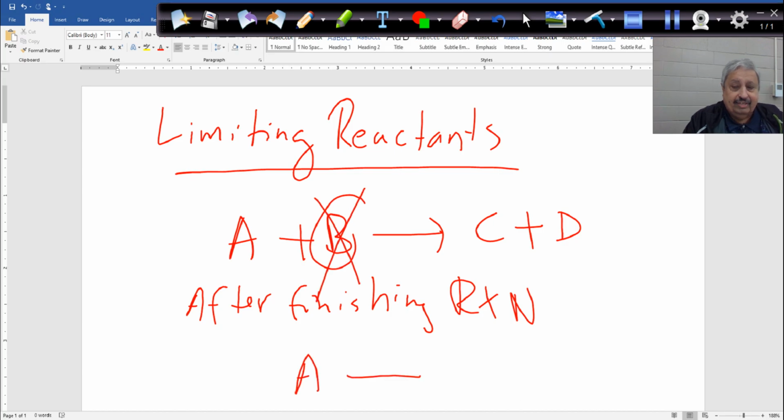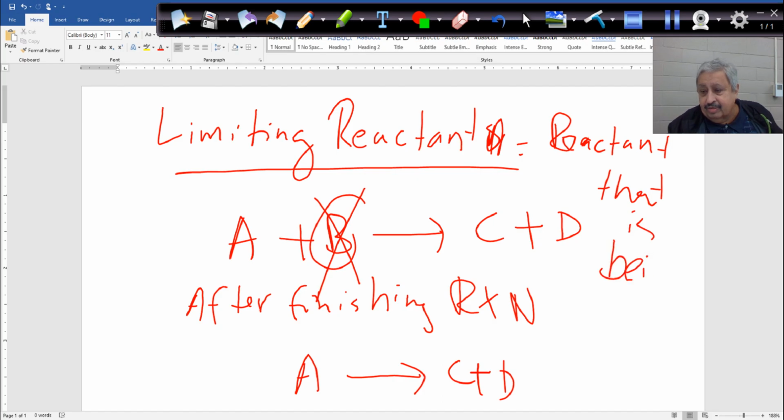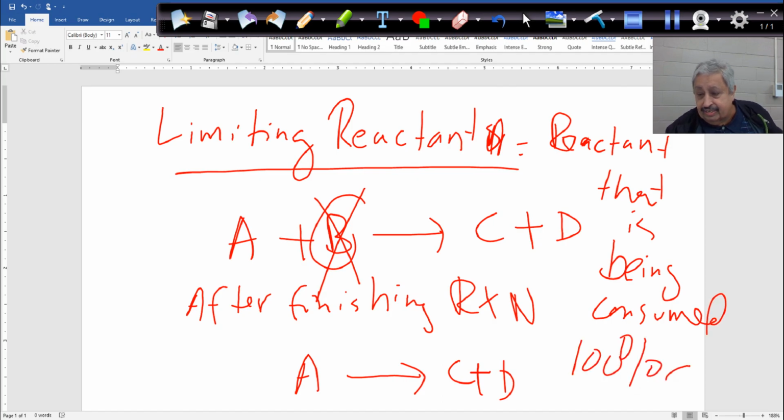So A went to D. So the limiting reactant is the reactant that is being consumed 100% during the reaction. And we'll go and look at some examples here.